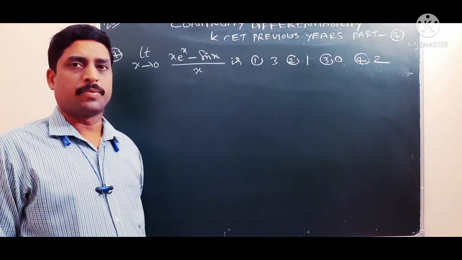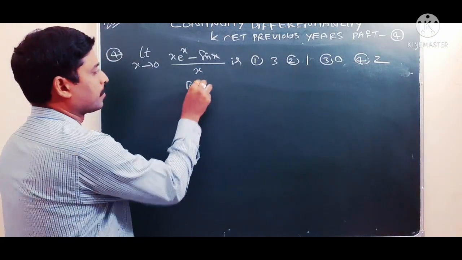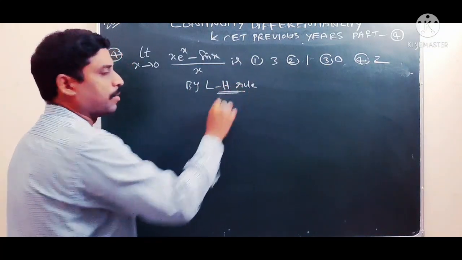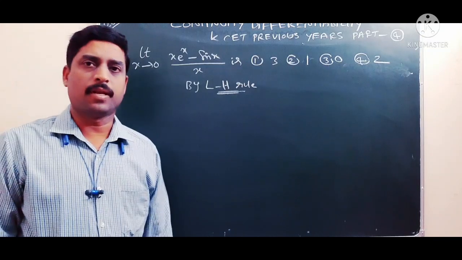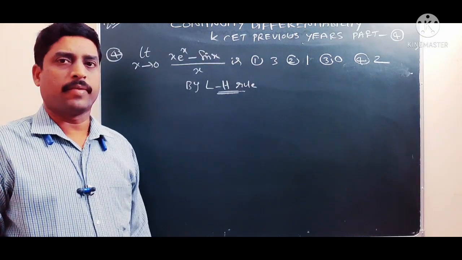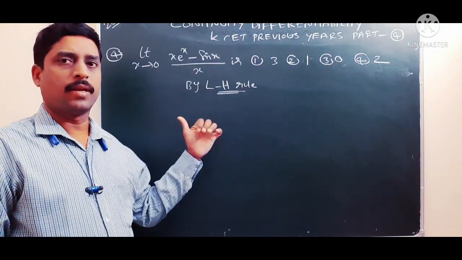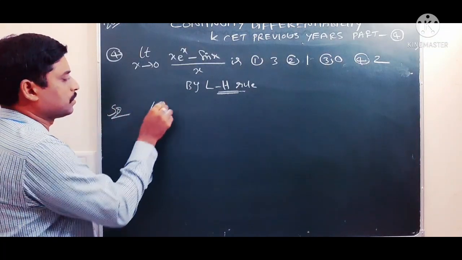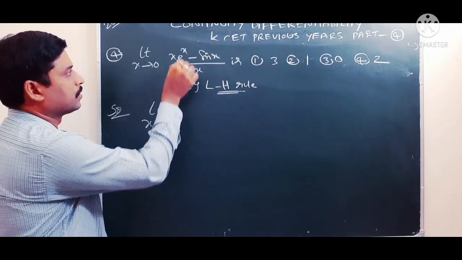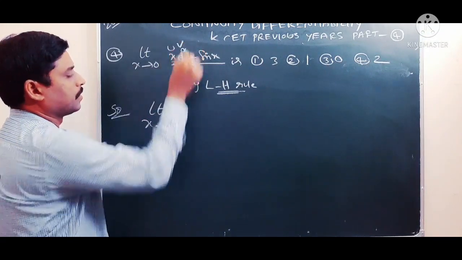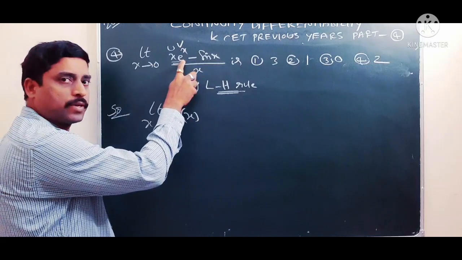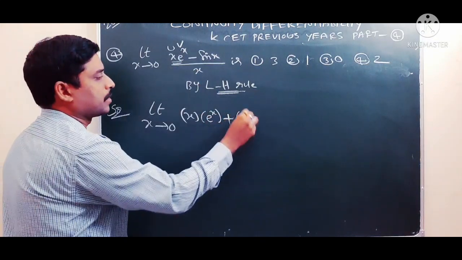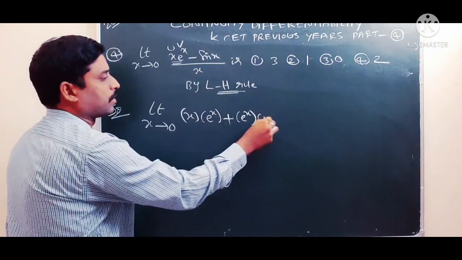So by using L'Hopital's rule. What is L'Hopital's rule? We should apply the derivative on the numerator as well as the denominator at the same time. So limit x tends to 0. By using the UV formula, x into derivative of e to the power x plus e to the power x into derivative of x, which is 1.